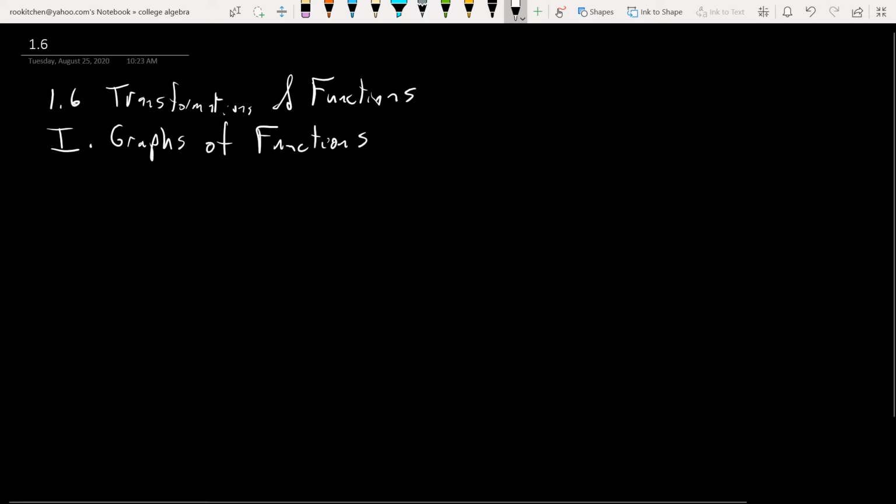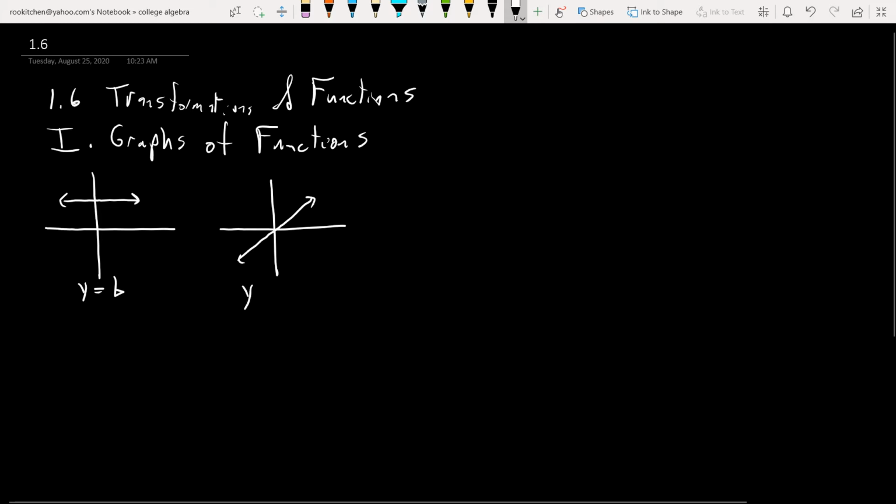So hopefully as you go through the math classes, you build a vocabulary of particular graphs. Here's one that we all know and love, just a horizontal line, like y equals b. And then obviously the diagonal is another one. As you go through, you can make a little book of them.